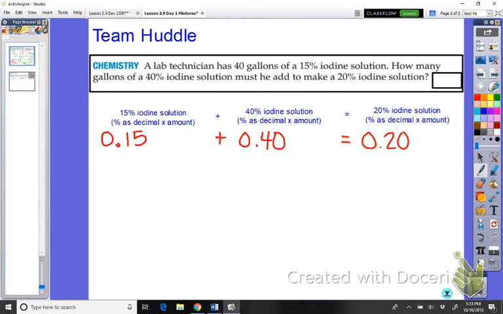And then look for the weights. So 40 gallons goes with the 15%. I don't know how many of the 40% I need, so that's x. And the combined one is 40 plus x.